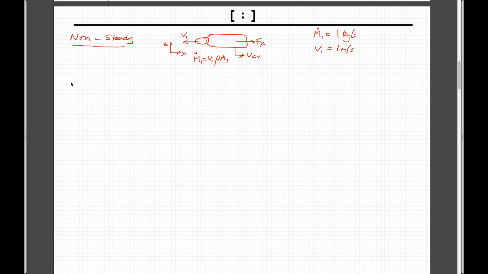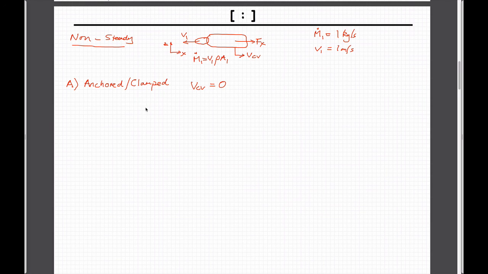So let's do it the same as we did before. For variety, let's call it anchored, which is also clamped. So what does that mean in our interpretation? It means that the velocity of the control volume is equal to 0.